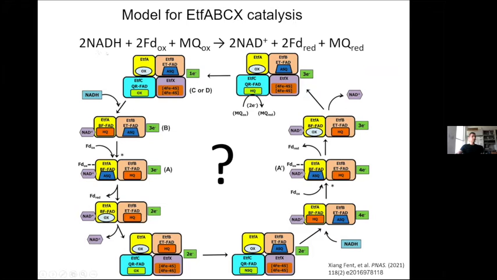But the basic gist of the reaction is NADH reduces ferredoxin, which is highly reductive and used to do other things, and then it also reduces menaquinone, which can be used to drive a proton gradient and recover the energy by making ATP from that proton gradient.